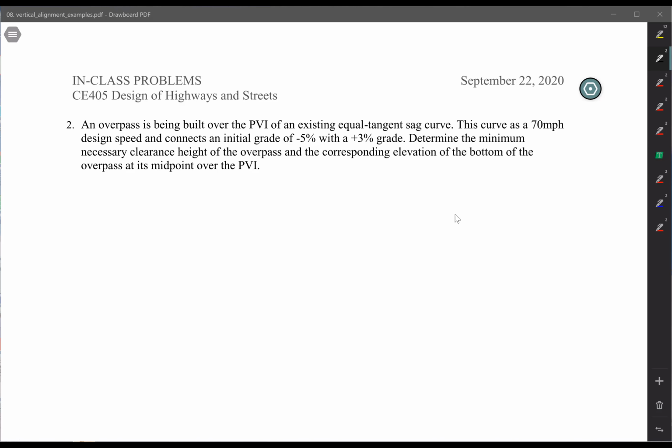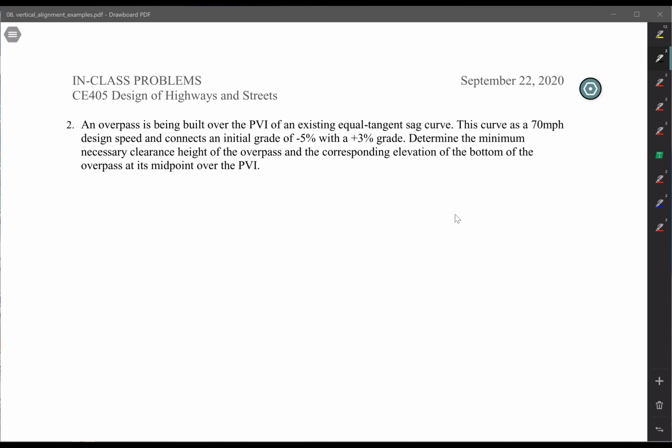You guys should have screen sharing capabilities. So if somebody wants to share and show me where they're at and walk me through it, that's fine. We can also just talk through it. What I want you to do, as the problem statement indicates, is determine, based on the computation, what the minimum length of curve needs to be, and then what the minimum clearance height would need to be.